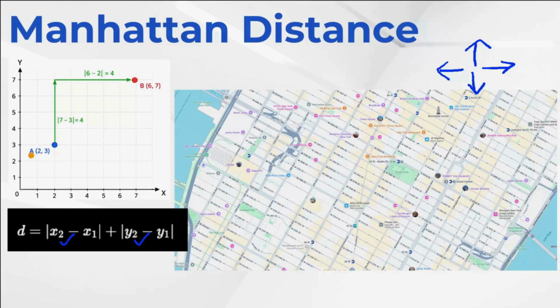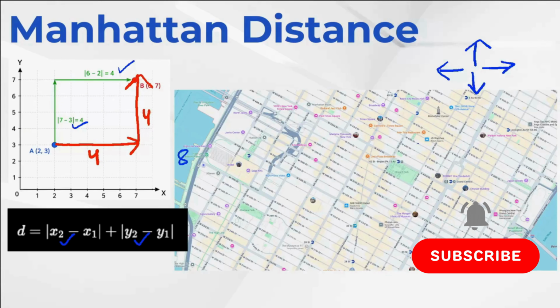For example, if the coordinate of A is 2, 3 and B is 6, 7, we have to take the modulus of 6 minus 2, which is 4, and also the modulus of 7 minus 3, which is 4, and add these two numbers. So the Manhattan distance will come to 8. Basically, what it signifies is if I have to move from point A to point B using the Manhattan distance, I will go 4 units this side and 4 units this side, and a total of 8 units is my Manhattan distance.